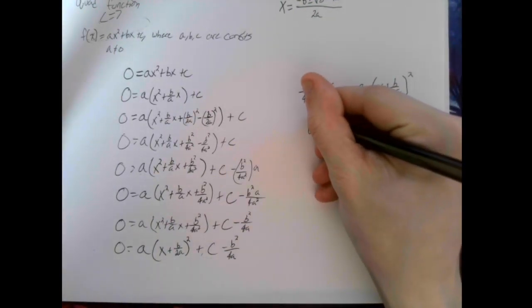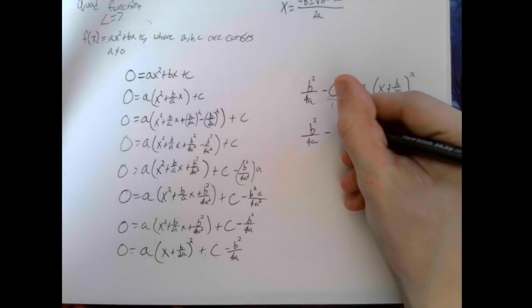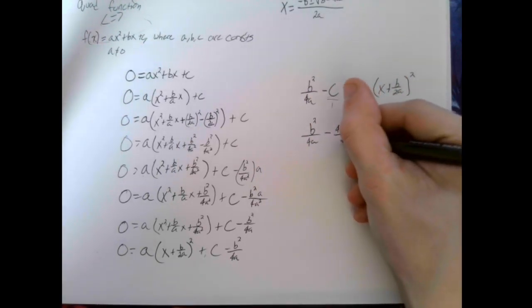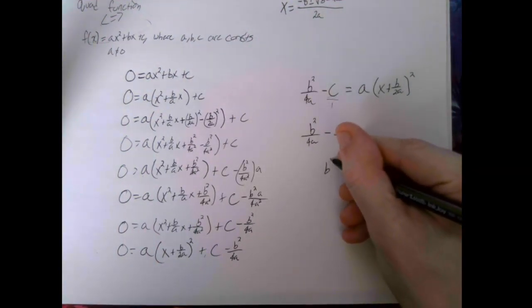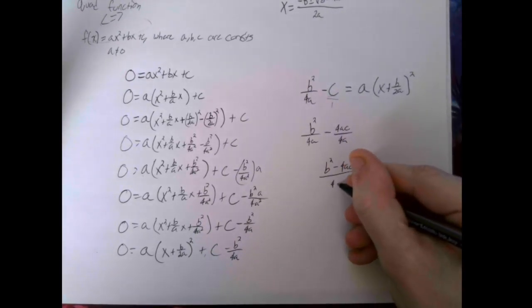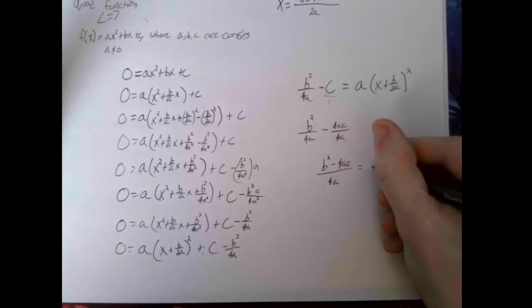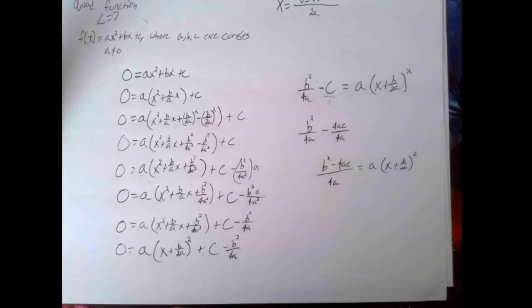So we'll say b squared over 4a minus 4ac over 4a. And we can smush this together to say b squared minus 4ac, because they're both being divided by 4a, equals a times x plus b over 2a squared.